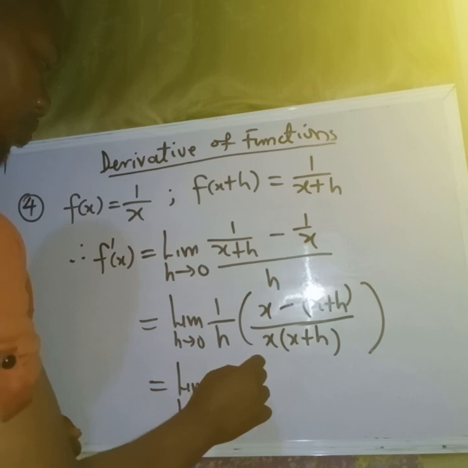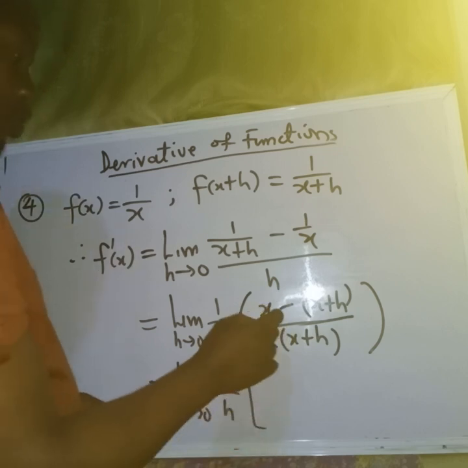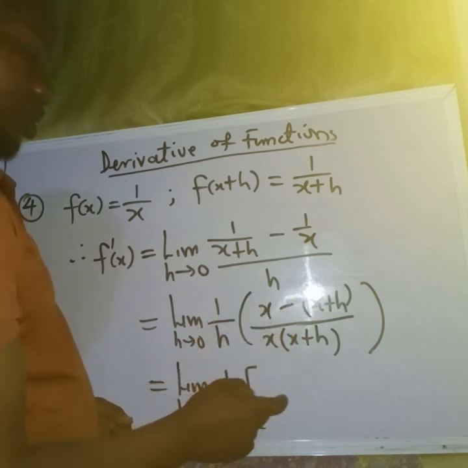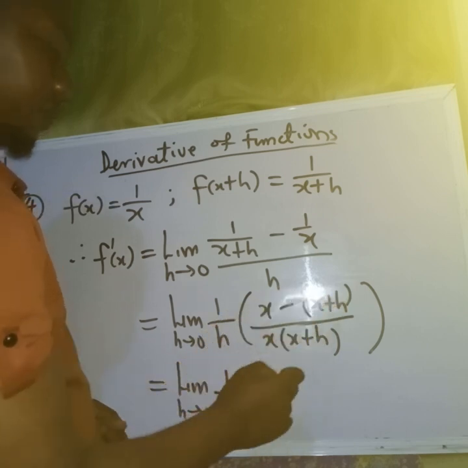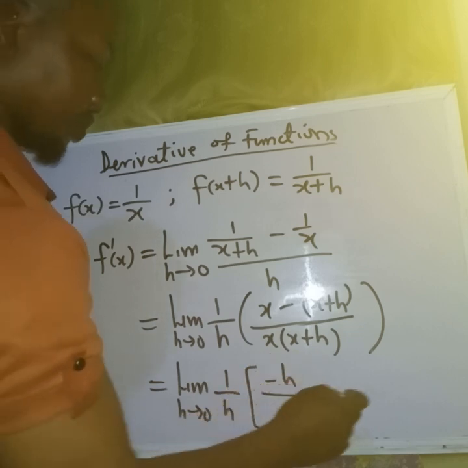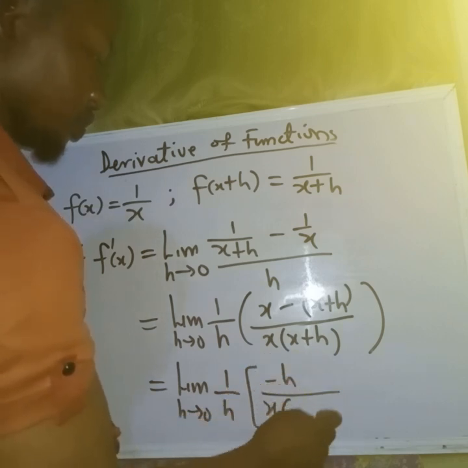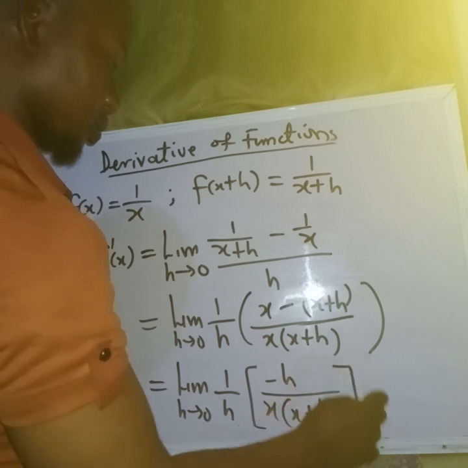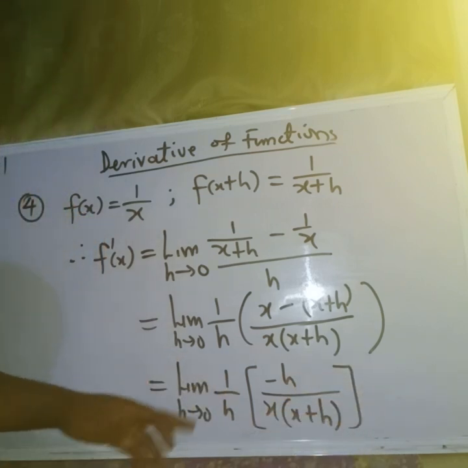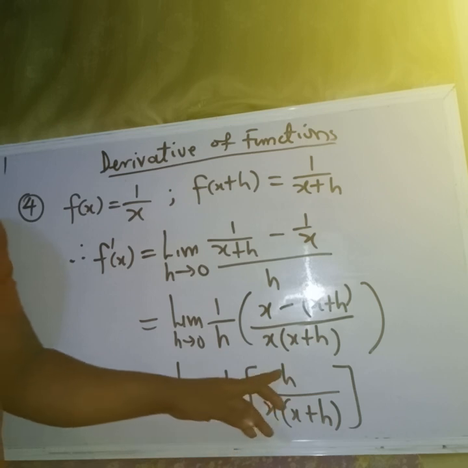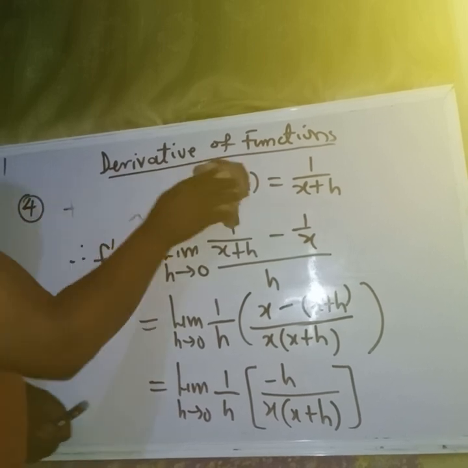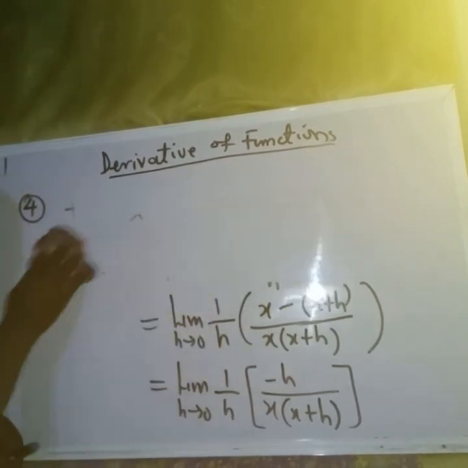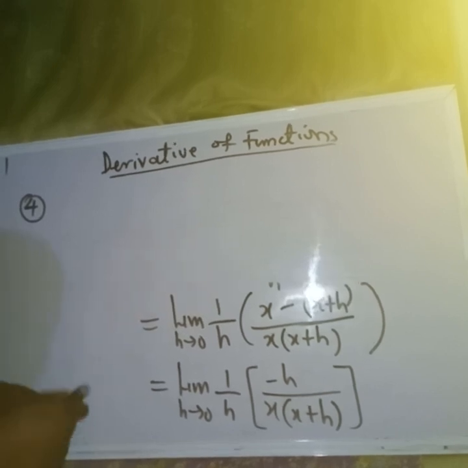Opening the bracket, this will be x minus x, so that's 0, and then negative h over x into x plus h. Since we have 1 over h here, this h takes care of it, so this cancels out, and then we are left with this.